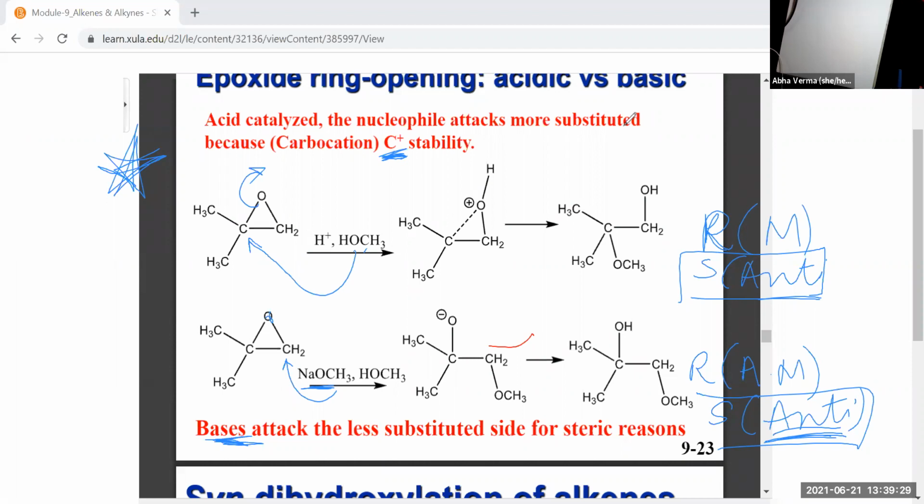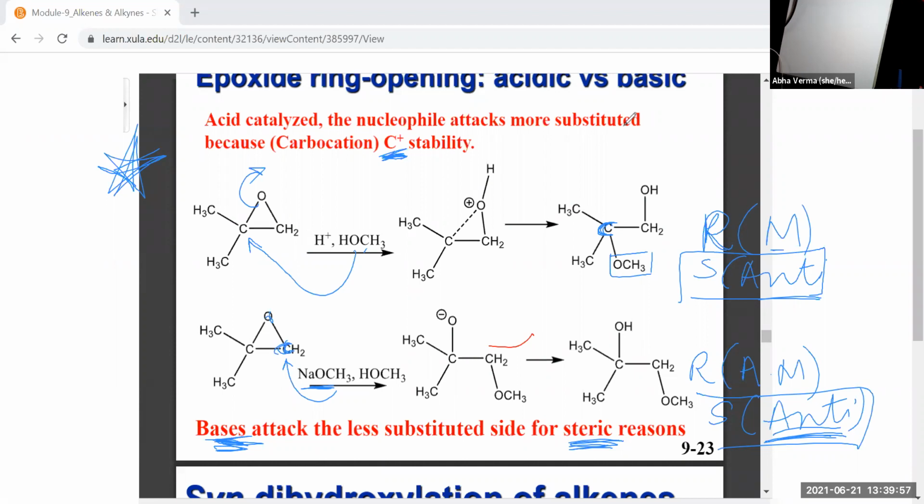And where is the more stable situation? When the incoming nucleophile goes to a more substituted carbon. That is what the most stable condition would be. But when you have a base attacking, there is no carbocation intermediate, and so for steric reasons, it goes to the less substituted carbon.